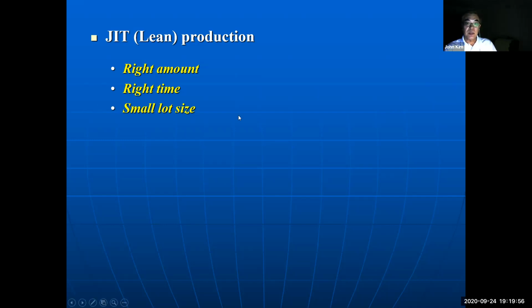Using a smaller size, the inventory level is low, and then waste is eliminated. So that is the JIT system or JIT production, lean production. When we say JIT lean production, there should be the right amount, right time, smaller size, then virtually no inventory.